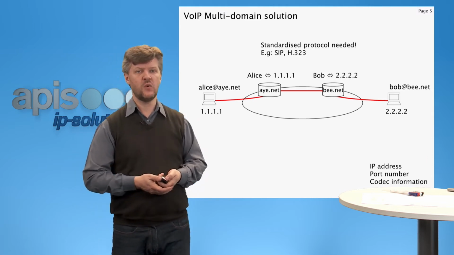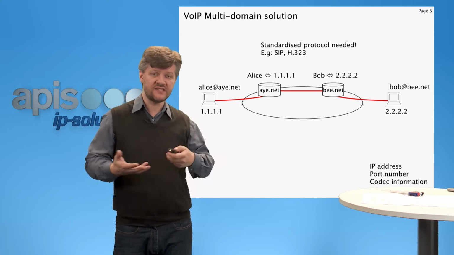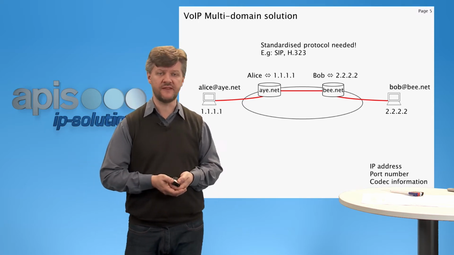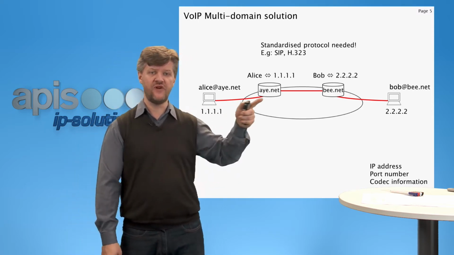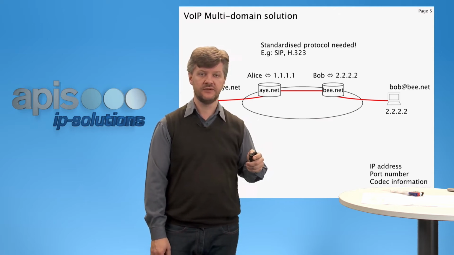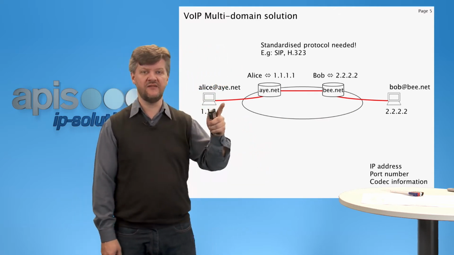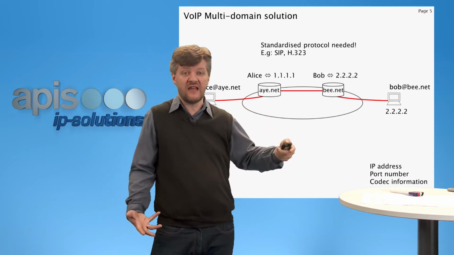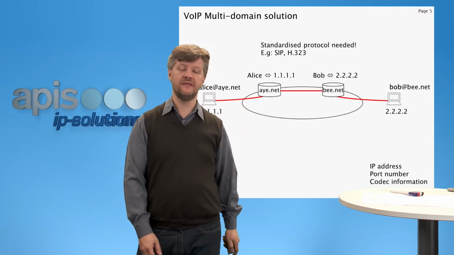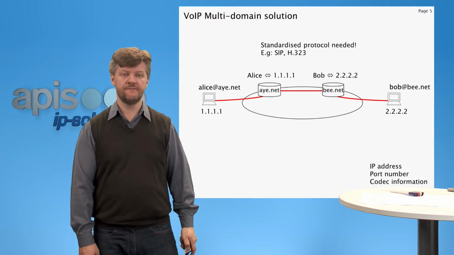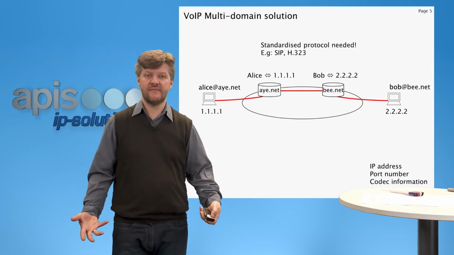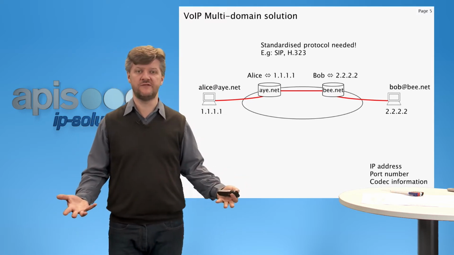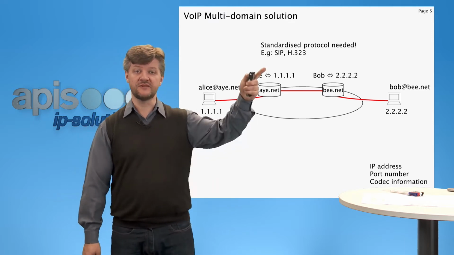So what we need is some kind of standardized protocol for this, because I haven't said what this red stuff is yet. It's just some kind of, hello, I want to call Bob, where is he? That kind of content should be in these red lines. But it could be different formats, and there have been a number of protocols for this. Here are a couple of examples.